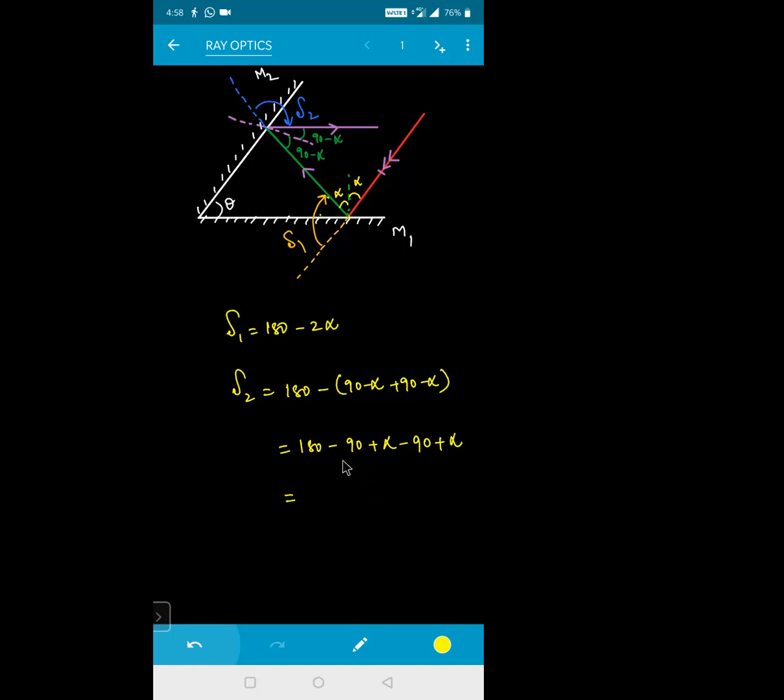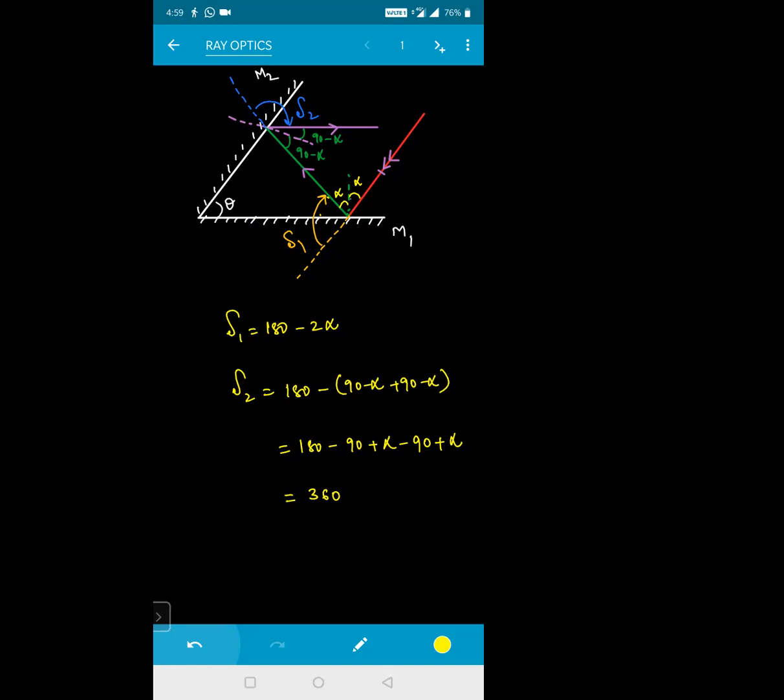Minus 90 minus 90, how much will it be? Plus 180. 180 will become how much? 360. So this will be 360, and what is the other angle right now? It's 2 alpha. Plus or minus? Plus.